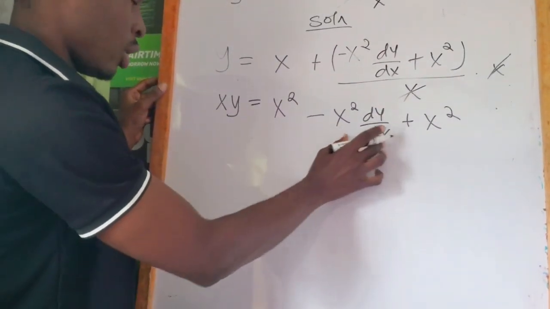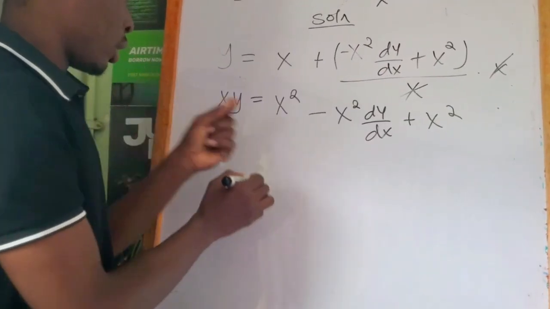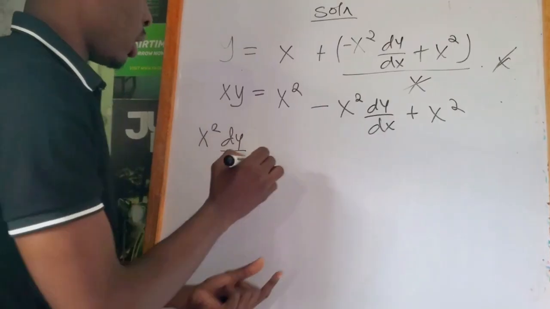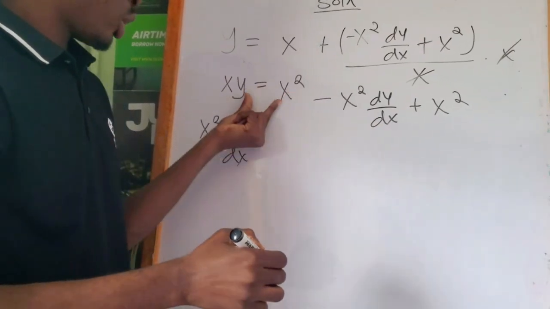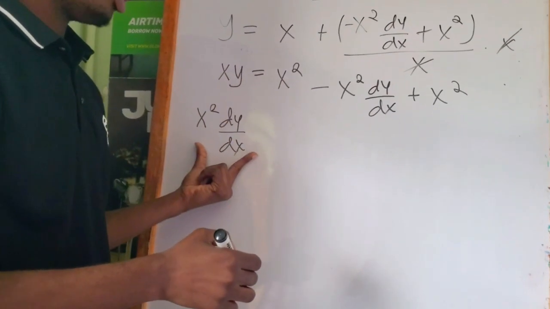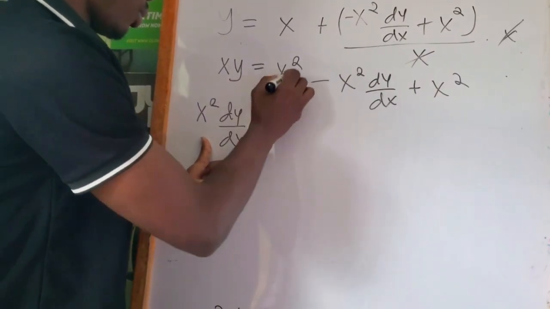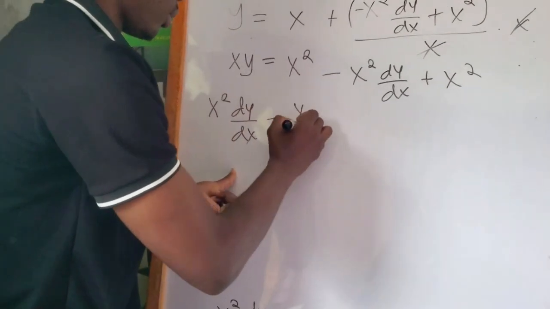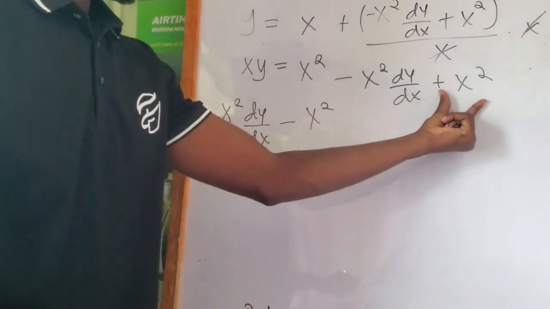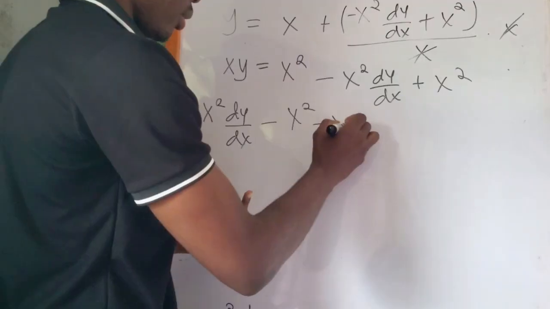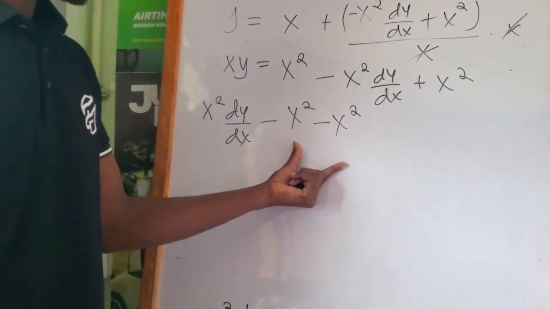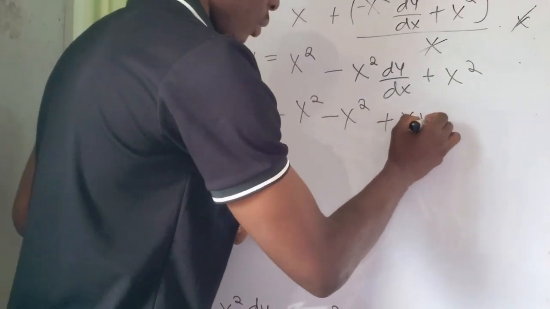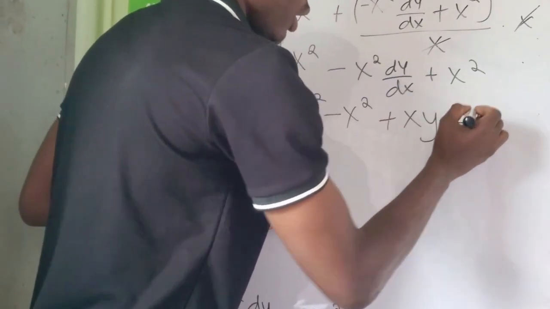If we do that, we have x squared dy/dx, where minus x squared dy/dx crosses the equality sign, becomes positive x squared dy/dx minus x squared. We have another minus x squared here. All right, plus xy, and this will equal 0.